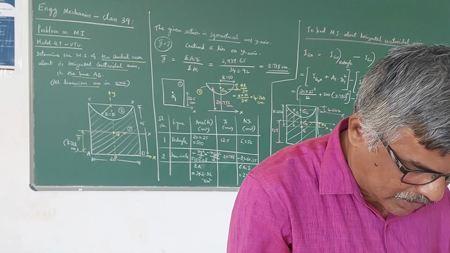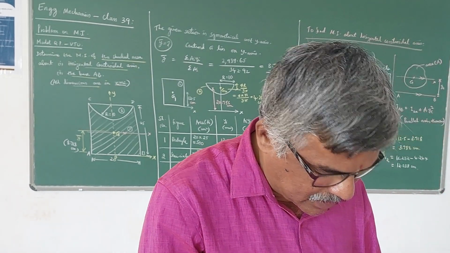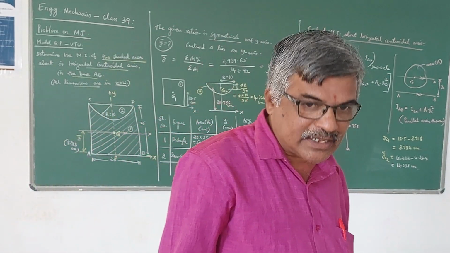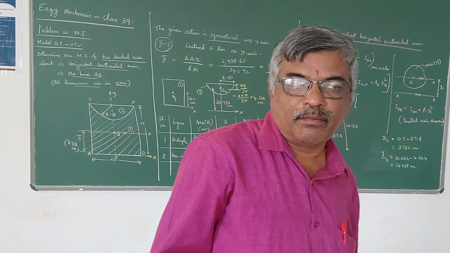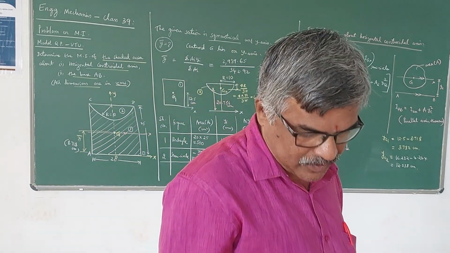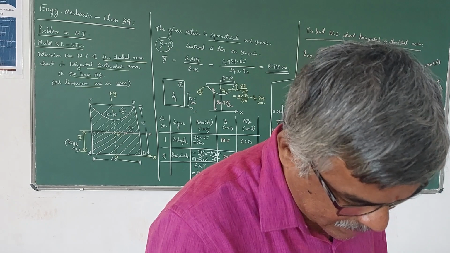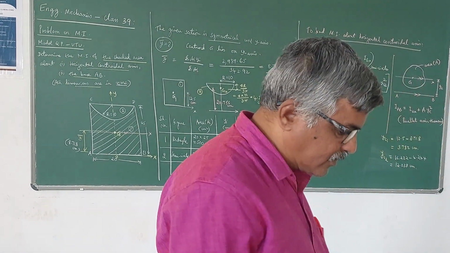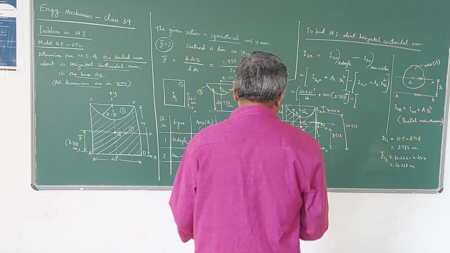That is the problem. Normally you will know the moment of inertia about the diametral axis, which is pi r square, pi d to the power 4 by 128. But about the centroidal axis, it is slightly different.